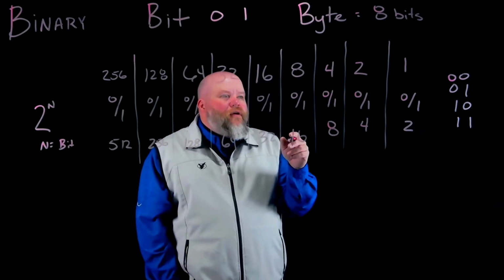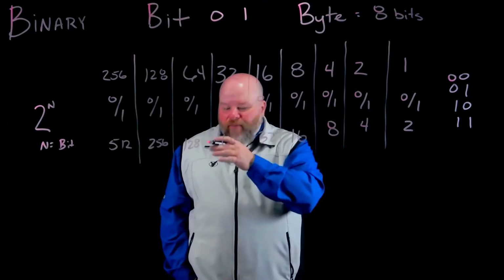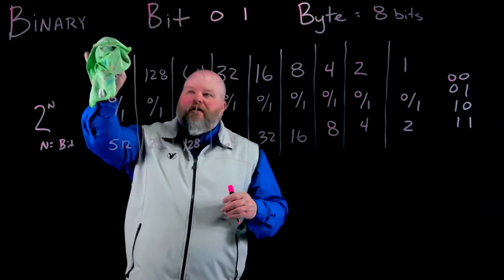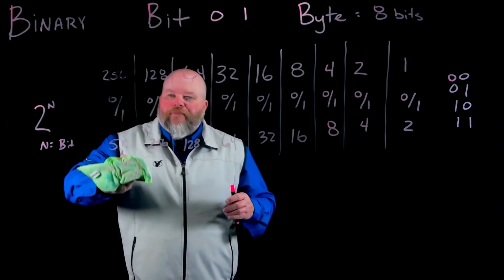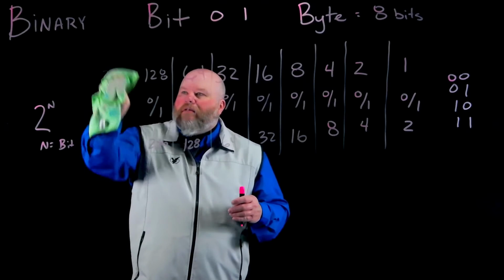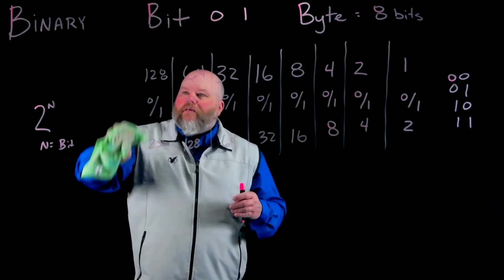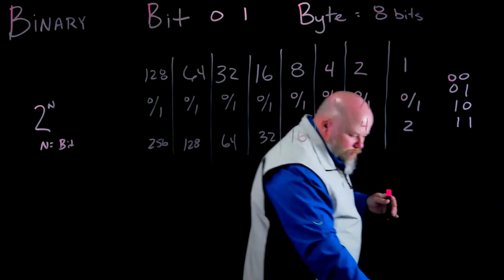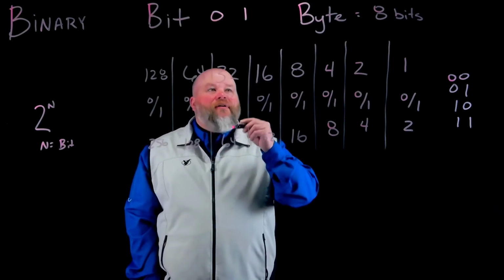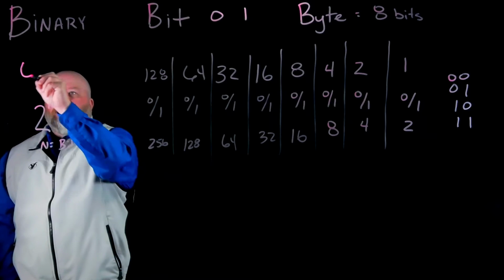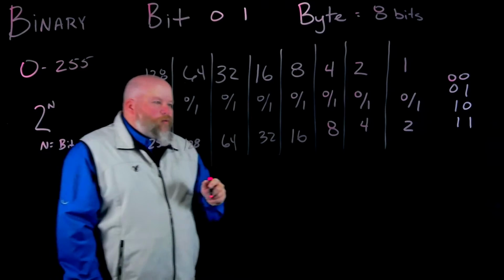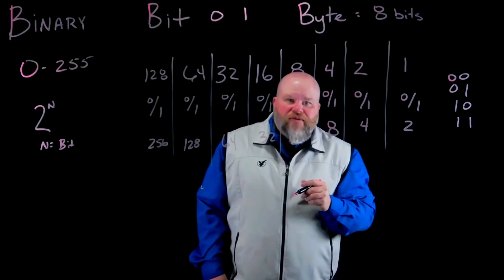Within this, we can use these combinations to give us specific math and specific sets. So what we can do, we can represent any number between 0 and 255 with these 8 characters of zeros and ones.